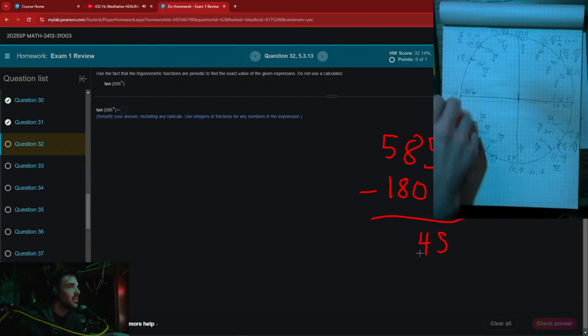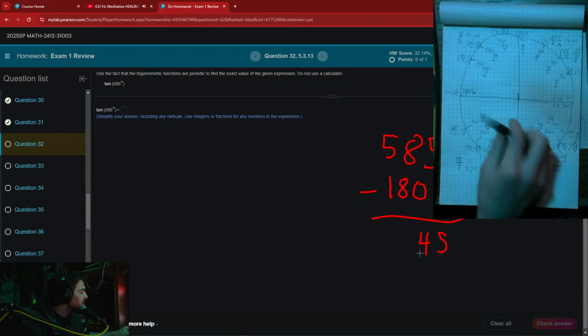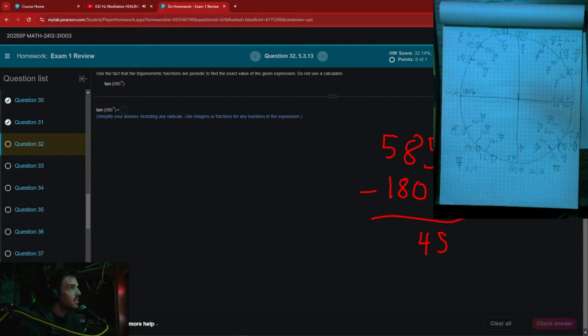Which would make the tangent function at 45 degrees that y value, square root of 2 over 2, divided by the x value, square root of 2 over 2. And see, we know the period. Here's the proof for the period being just pi, right?